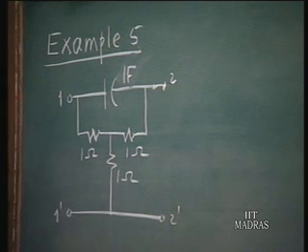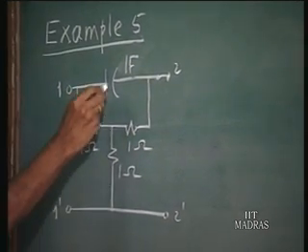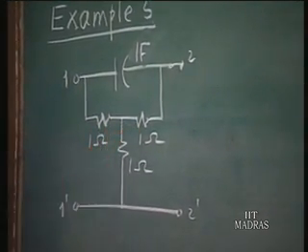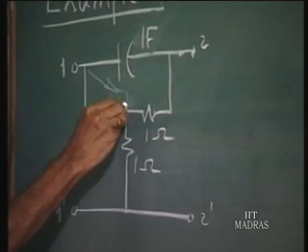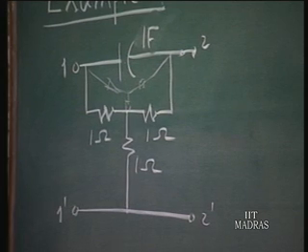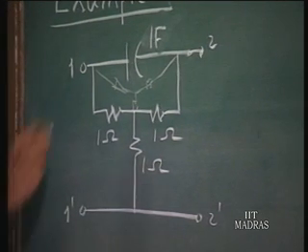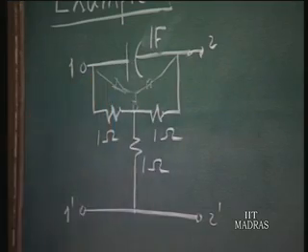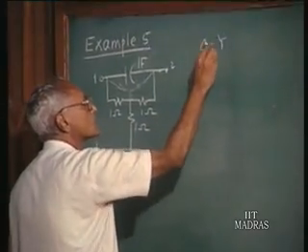However, this configuration is not in the form of a T. On the other hand, if we convert this delta configuration of a 1 farad capacitor and two 1 ohm resistors into a star like this, then the whole network falls into the form of a T network. So let us try to do that, convert this delta into an equivalent star. So, delta to star conversion.